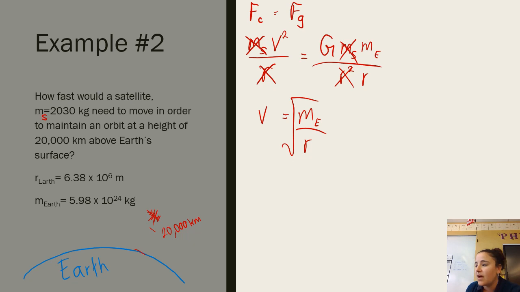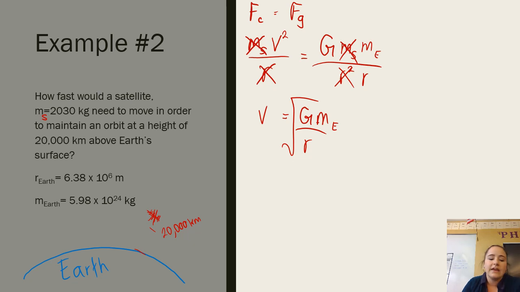So we're just about there. Only thing that we need to talk about is what this distance actually is, okay? Oh, and I forgot G. Can't forget G, capital G, times the mass of the Earth. This is actually one of Kepler's laws that we'll be learning about next week.